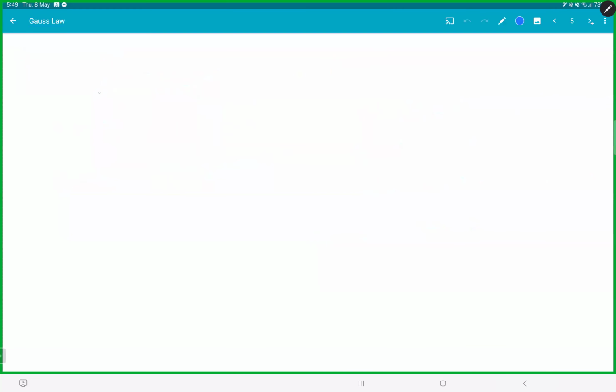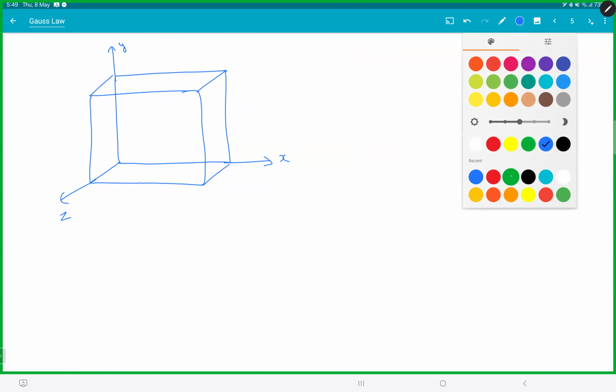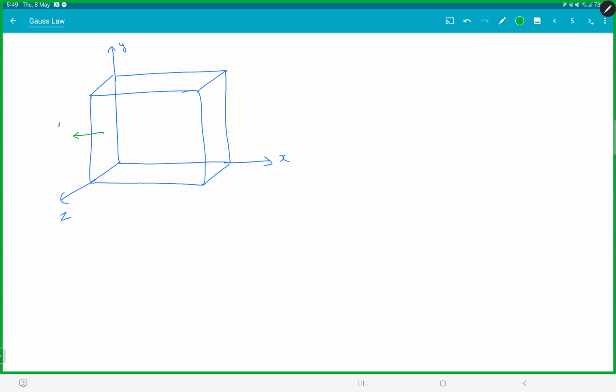See, the story is the same. So the area vector for this will be this way.